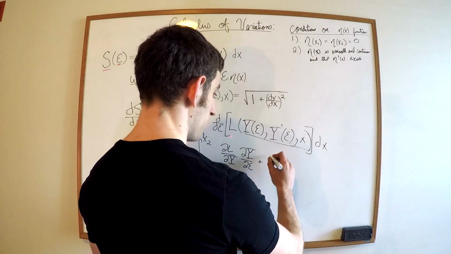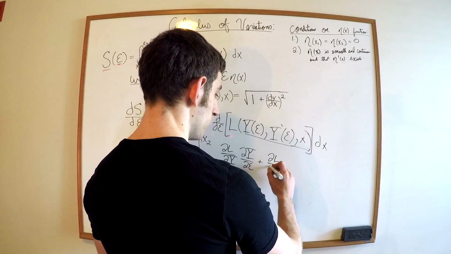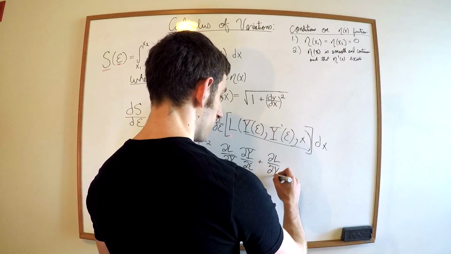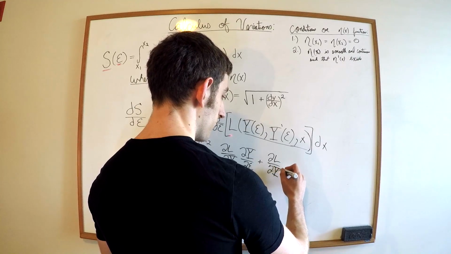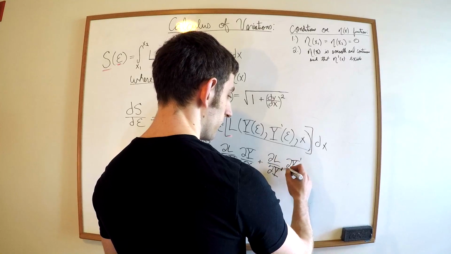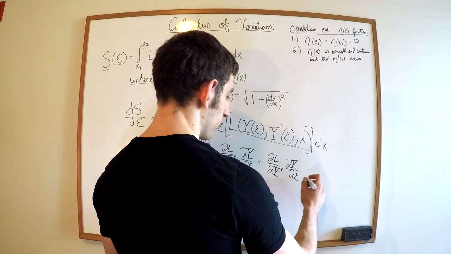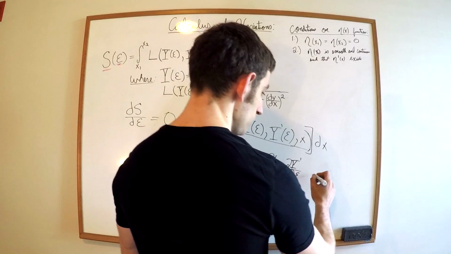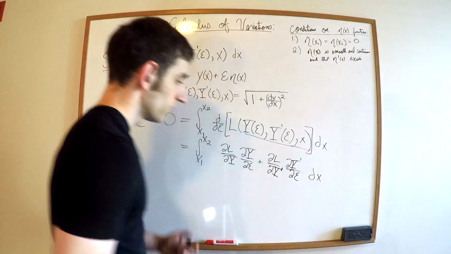So we also end up with dL/dy prime times dy prime/d epsilon, okay? And then dx.